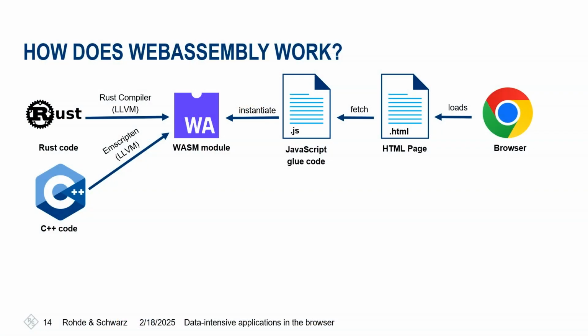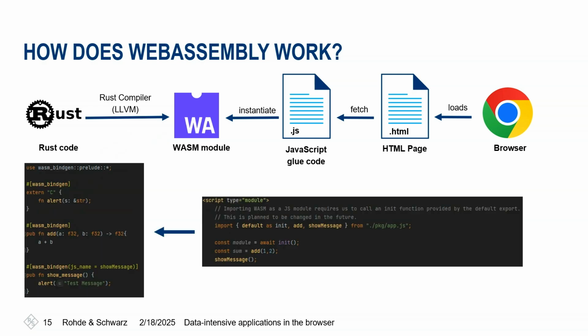You need this JavaScript glue code, which is then instantiating the WebAssembly module. It's instantiating the WebAssembly memory, for example, and also the module. You have to do that from your JavaScript code, and then you can call the exported functions from that WebAssembly module.